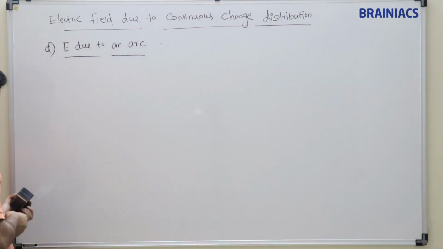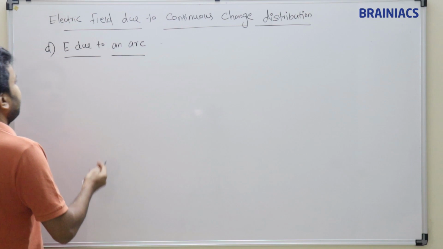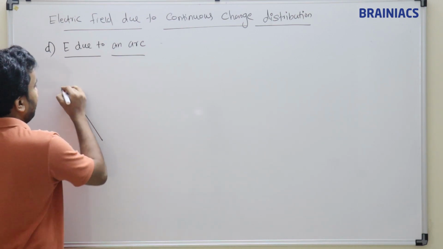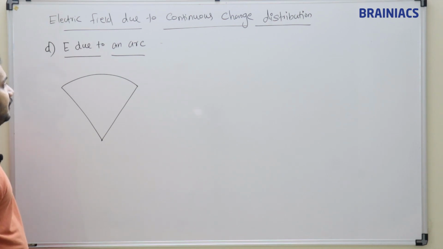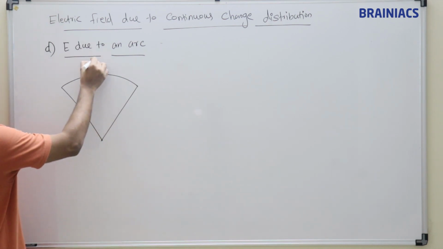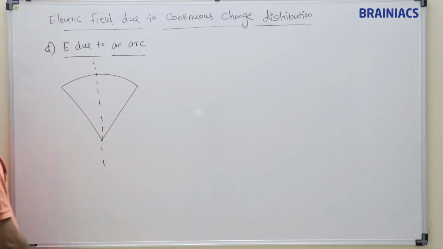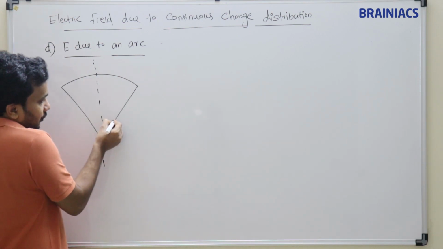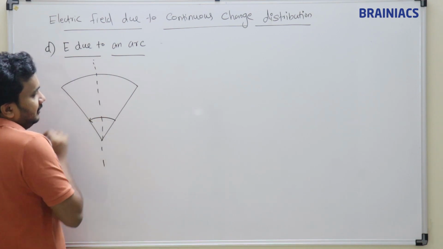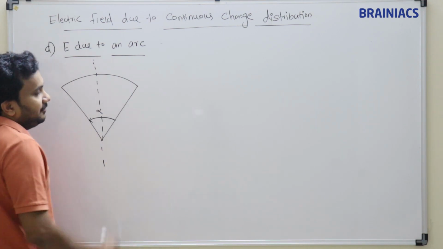As normal, we'll start with the diagram. So we have an arc like this. To make the calculations easier, we are assuming this is symmetrical about the y-axis. I have placed this arc symmetrical about the y-axis, and the total angle for this arc is called alpha.